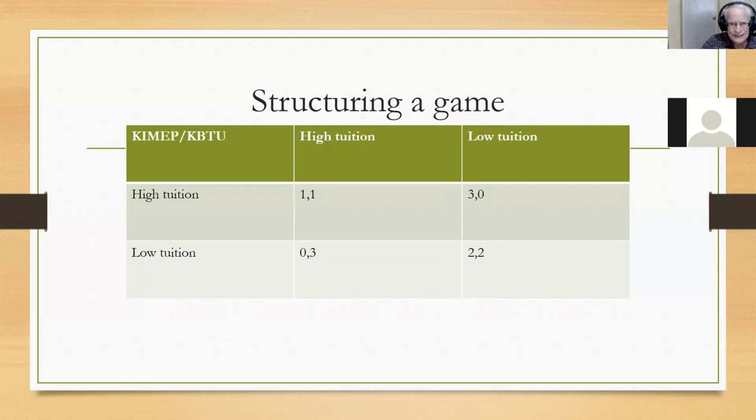Okay, so far. It's a good idea to mark the best response as you're running along. If KTTU chooses high tuition, so will CNET, so let's put an asterisk by that choice.